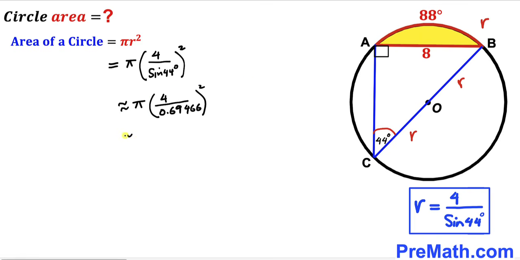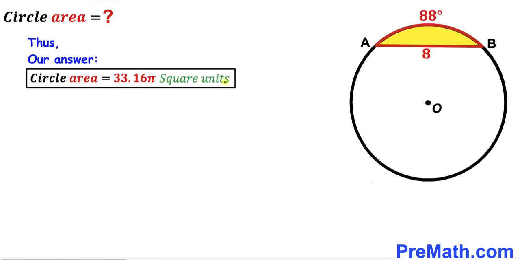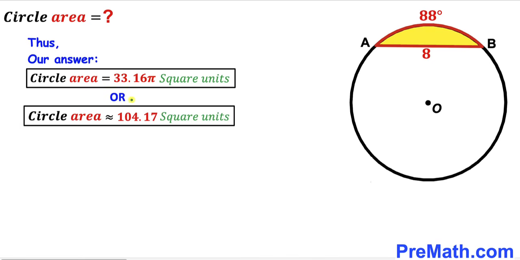So the area of this circle turns out to be approximately 33.16 times pi square units. Thus after all the calculations and manipulations, the area of this circle turns out to be 33.16 times pi square units, and that's approximately equal to 104.17 square units as well. And that's our final answer.